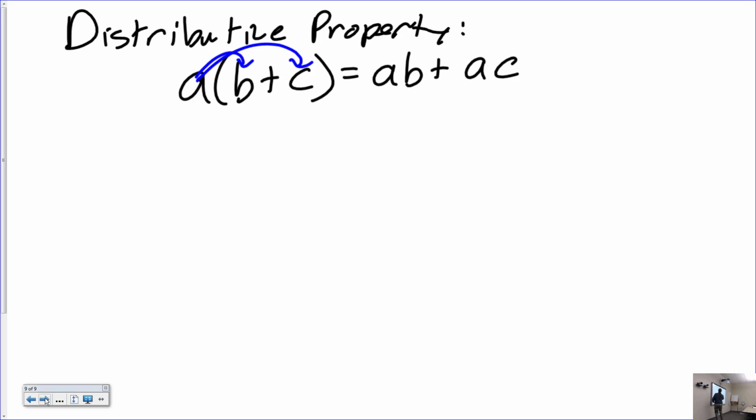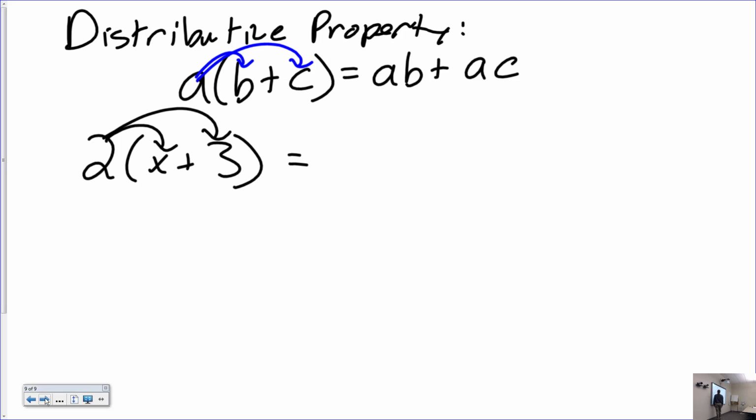Alright, so once we start putting in, what does 2 times the quantity x plus 3 equal after you distribute? 2x plus 6. Yes. The 2 multiplies the x, the 2 multiplies the 3, and becomes 2x plus 6. Again, please be careful.